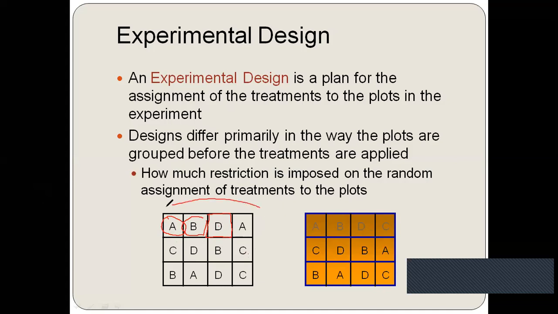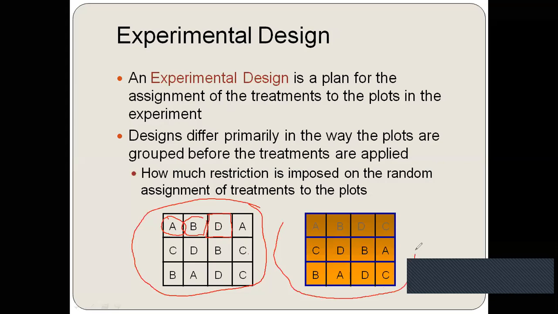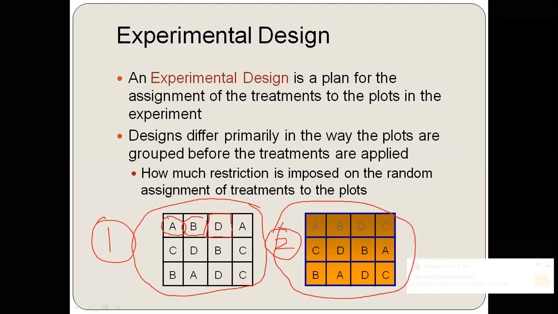This is one way of doing randomization. Look at these two. This is one way of doing it. This is another way of doing it. Can somebody tell me which one is correct? Which one is wrong? Or are both wrong? Or both correct? Can somebody tell me what the situation is?